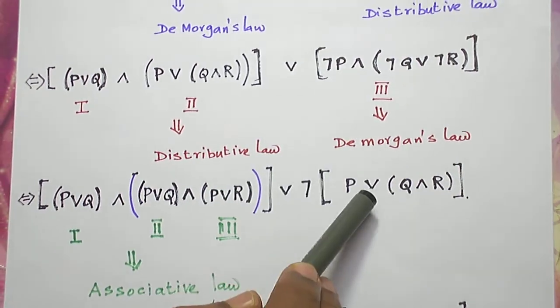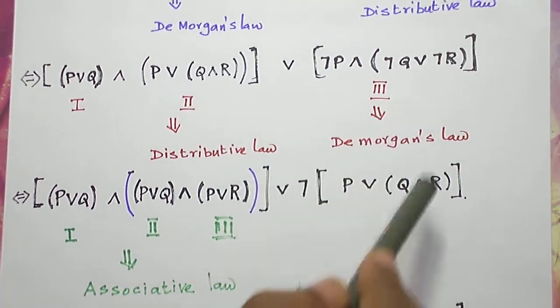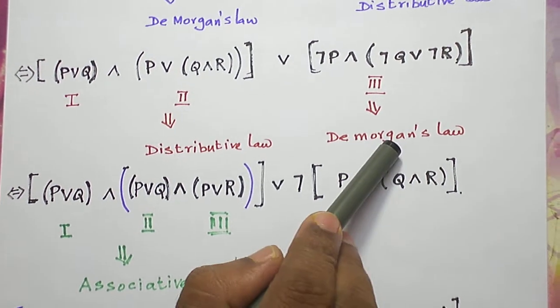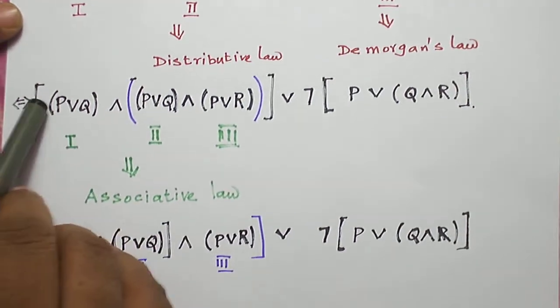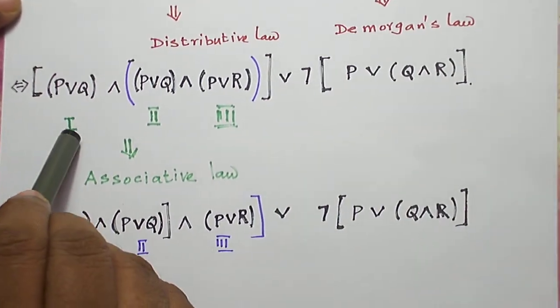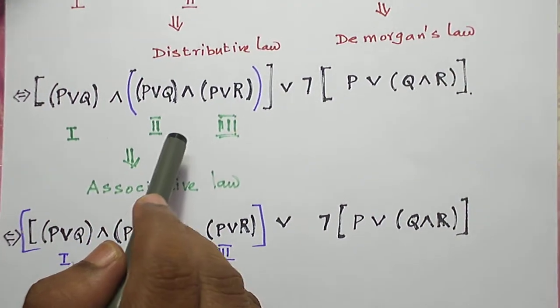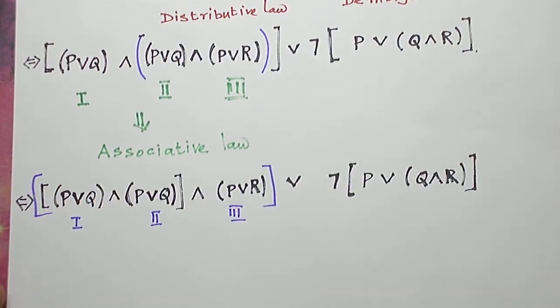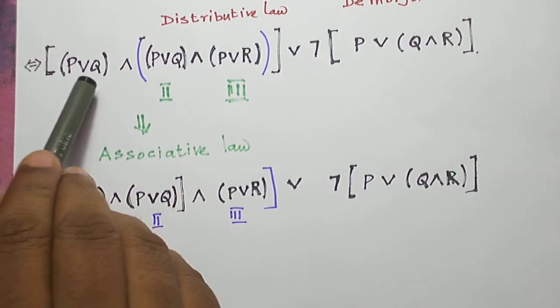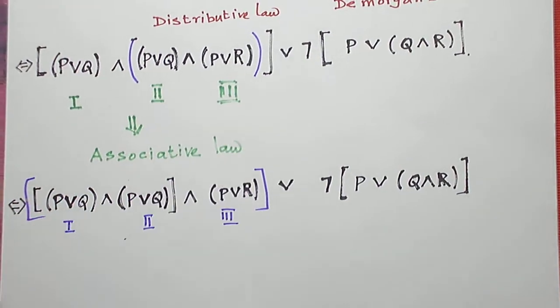AND connective will become OR connective, OR connective will become AND connective. This is by De Morgan's law. Now in this step I take this as first term, this as second term and this as third term. Now how are we going to simplify? I am going to simplify the first term, second term and third term.